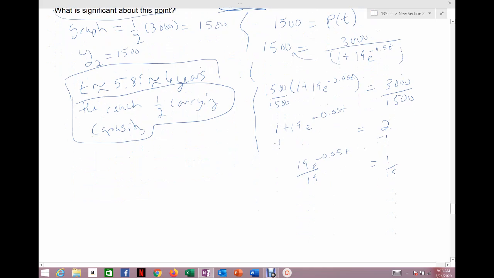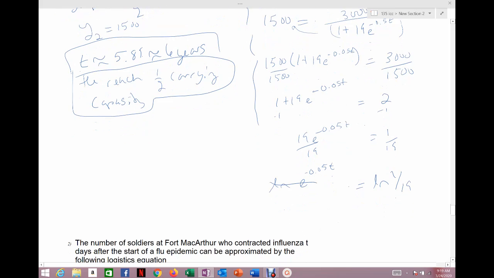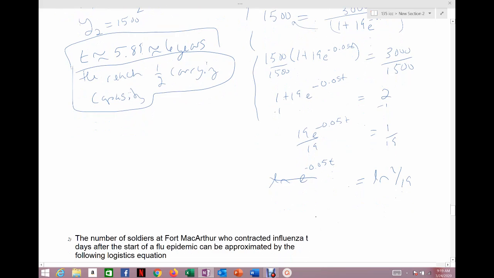Divide by 19. And so I got the e term isolated finally. So the e term equals 1 over 19. Leave exactly 1 over 19 because my next step is to take the natural log. The natural log cancels those out, leaving me with negative 0.05t equals the natural log of 1 over 19. Last step, divide by that negative 0.05.